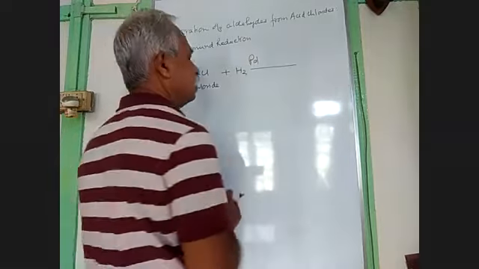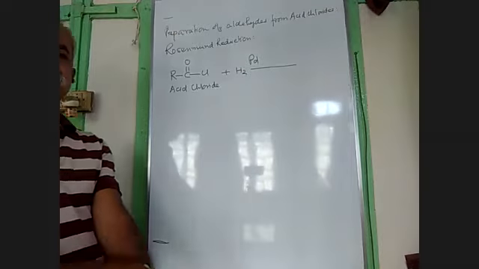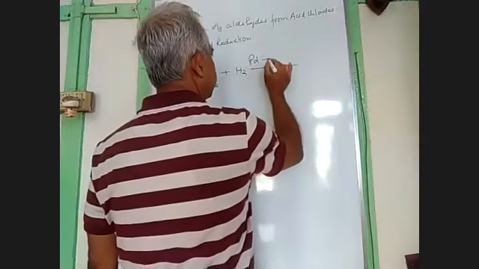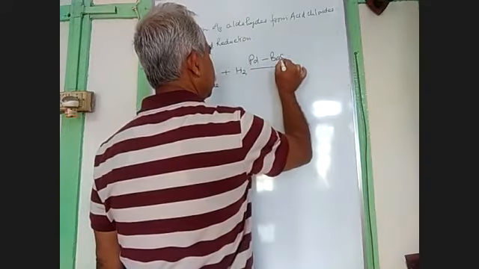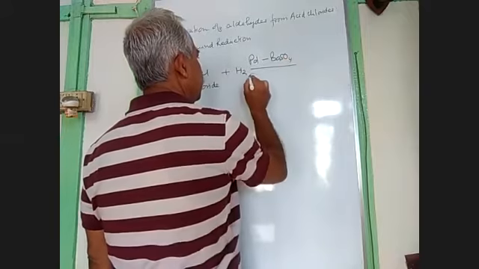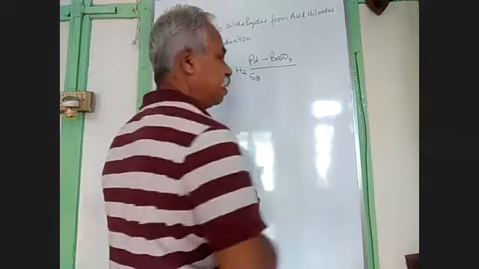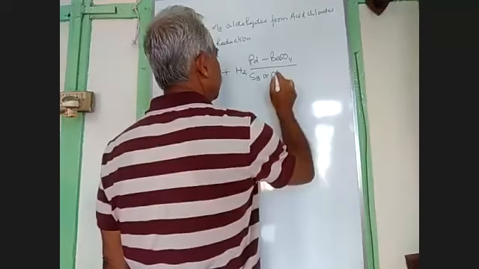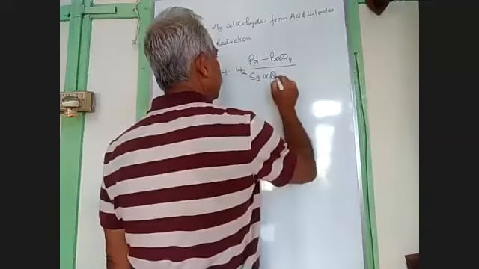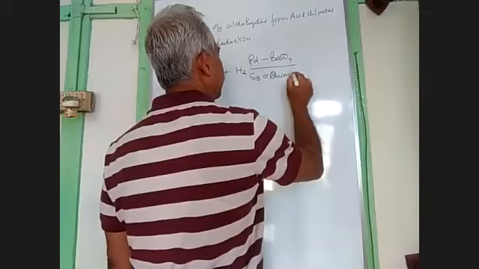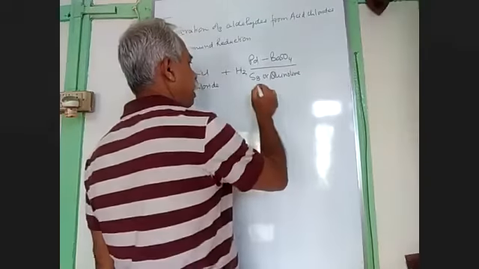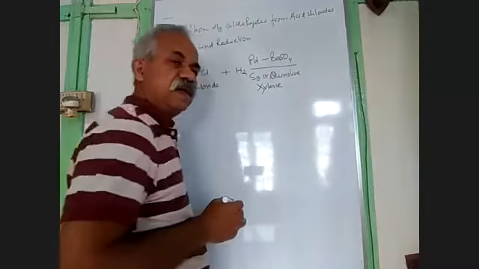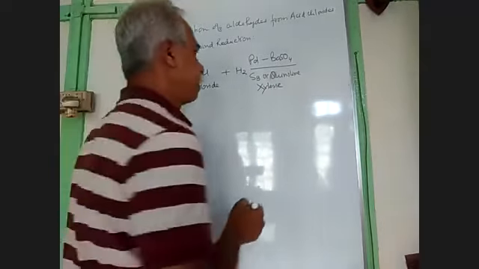But here the condition is that palladium is supported on barium sulfate. Okay. In presence of sulfur or quinoline, and it is heated in xylene. Xylene is a solvent. Xylene is dimethyl benzene.